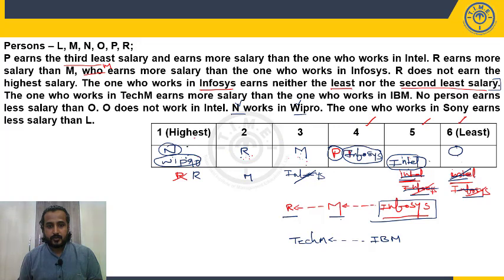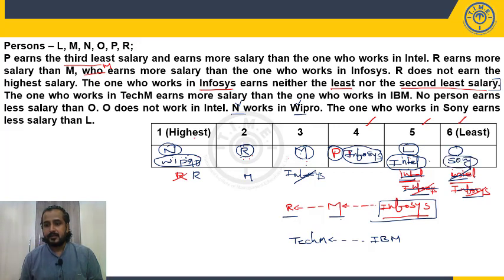Now look here. Out of the 6 persons, 5 are fixed. Now only L is left. So L works in Intel and earns the 5th highest salary. Now what is the next clue? The one who works in Sony earns less than L. So L is here, and less than L should be the least salary only, because L itself is the second least. So here will be the one who works in Sony.